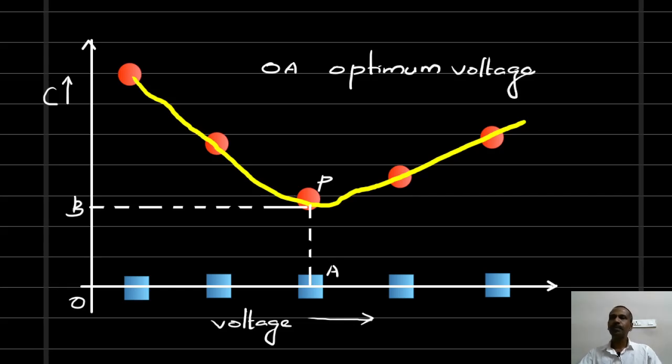But nowadays this method of calculating the optimum voltage is rarely used. But usually we use an empirical formula to calculate the optimum voltage.